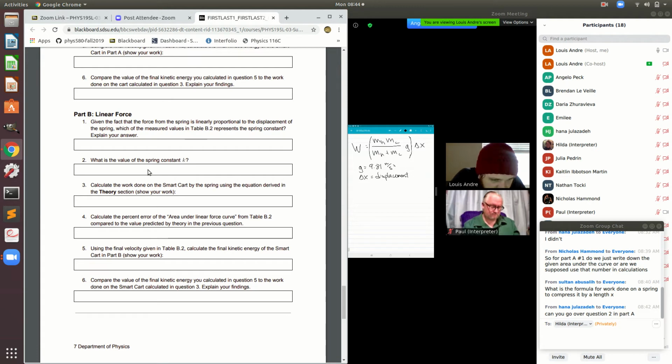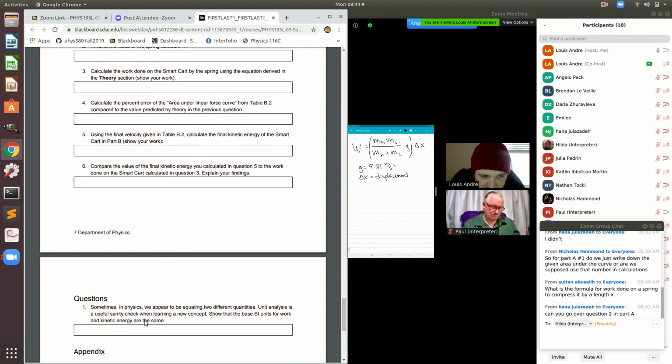You're not going to actually have to do that necessarily. Formula for work done on the spring compressed by length x. Work again is just force times change of distance. Now with a spring, F isn't constant. So it really boils down to work equaling the integral from some first position to some final position of the force dx.